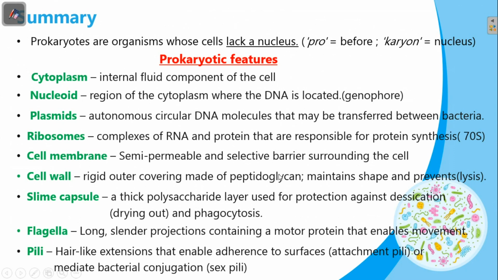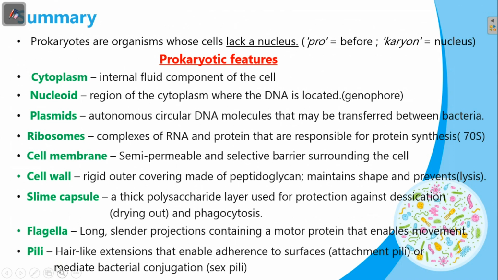Next one, slime capsule. It is a thick polysaccharide layer used for protection against desiccation and phagocytosis. Flagella help in movement. They are long, slender projections coming out from the plasma membrane and help in the movement of the bacteria.